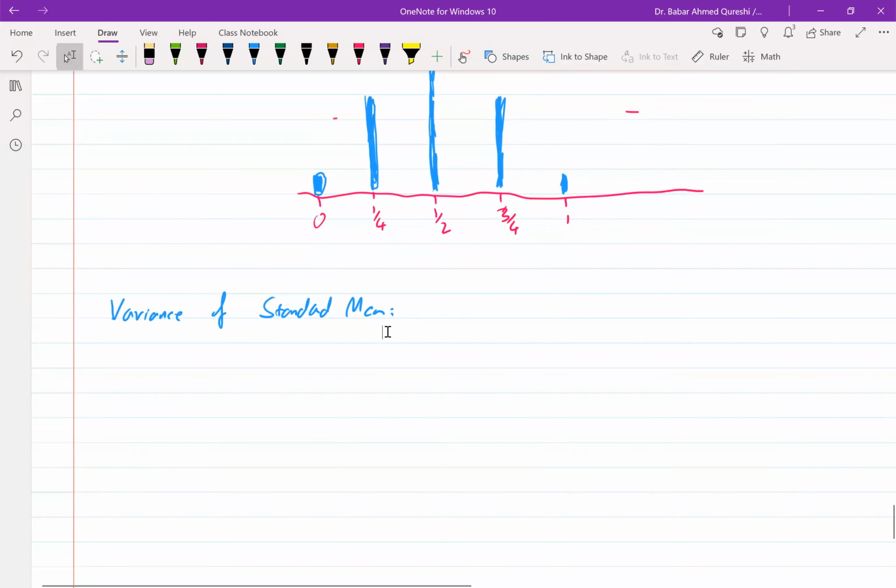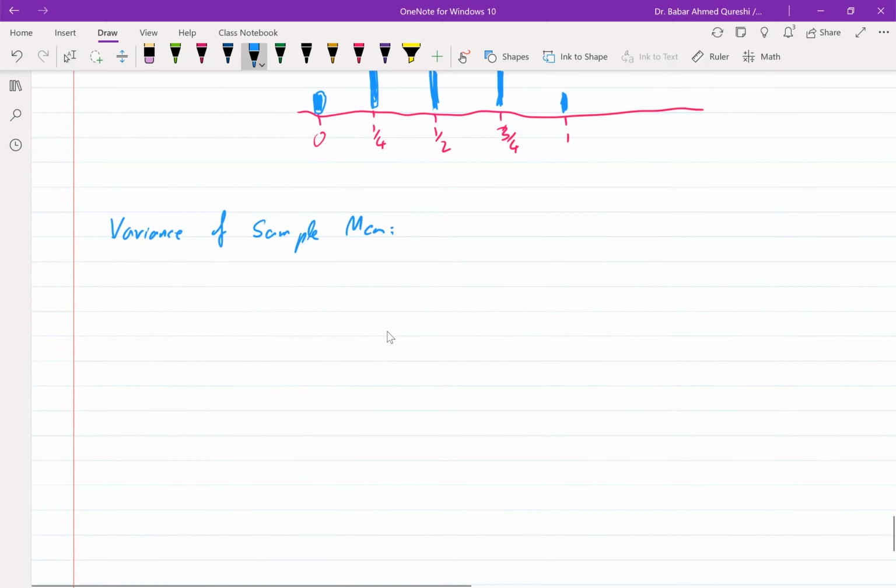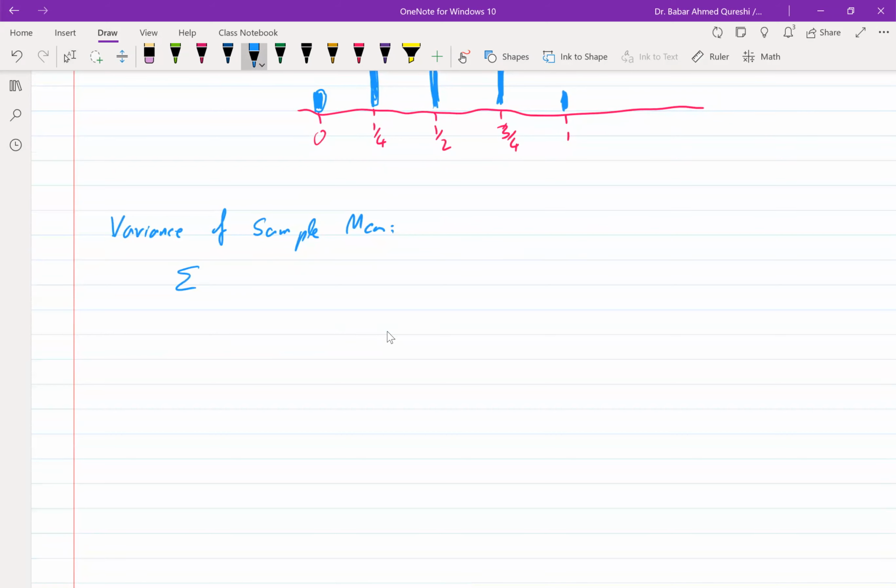So I want to compute the variance of the sample mean for this population of size 4 for this coin toss experiment. So I'm just using the formula. What is the formula?